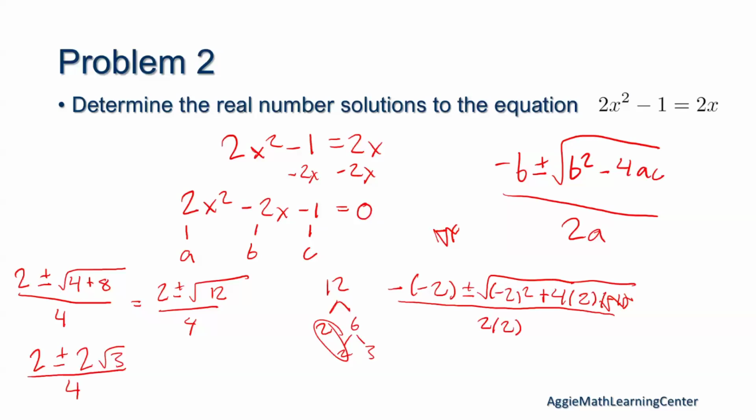Do you still feel good about this? Perfect. And then the last thing we can do is divide everything by 2. This is equivalent to 1 plus or minus square root of 3 over 2, which means our two solutions are x equals 1 minus root 3 over 2 and 1 plus root 3 over 2.